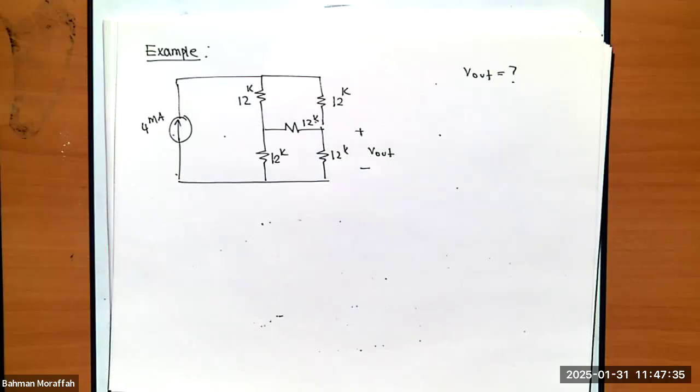Top. Why? Because as soon as I use the Y transformation for the bottom, I'm going to lose that V out. There is a way to go back and get it, but it would make our life much harder. So let's write the Y transformation for the top circuit.